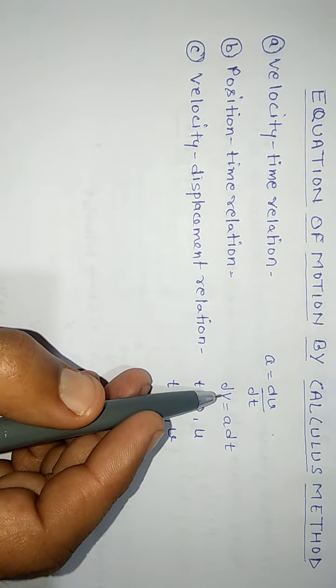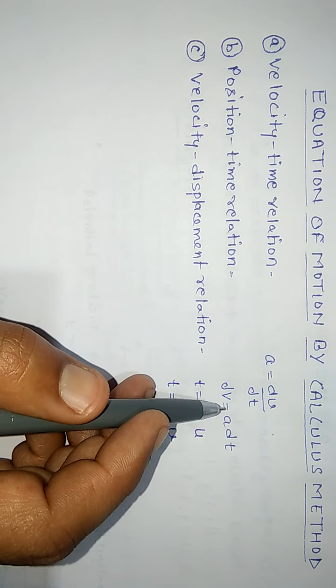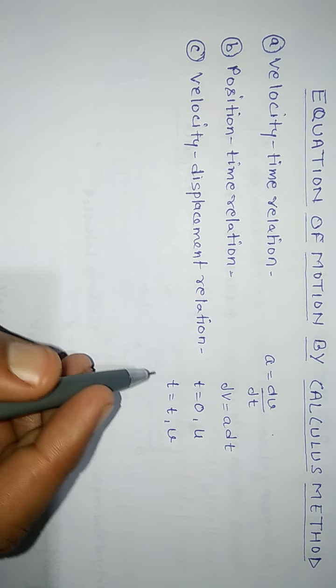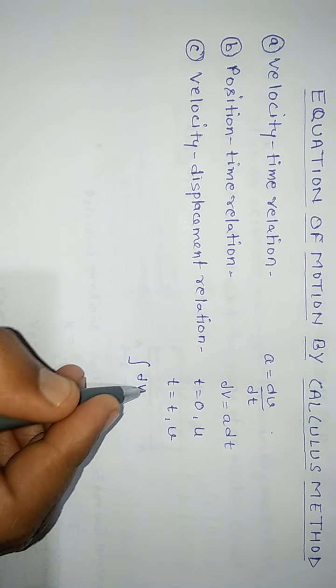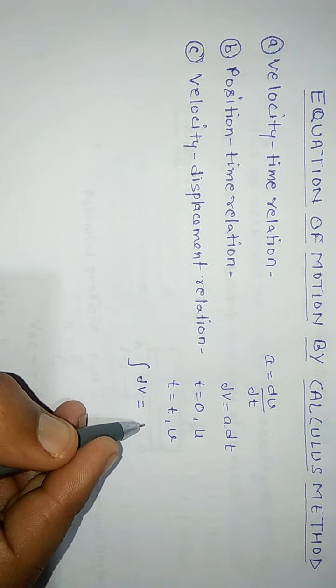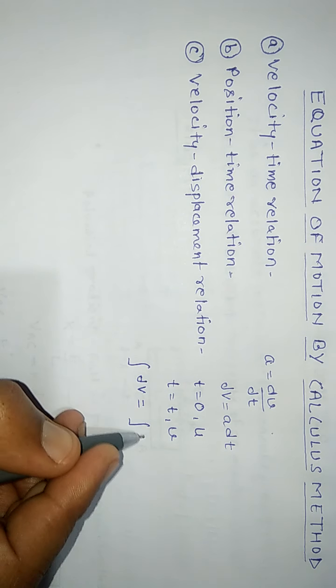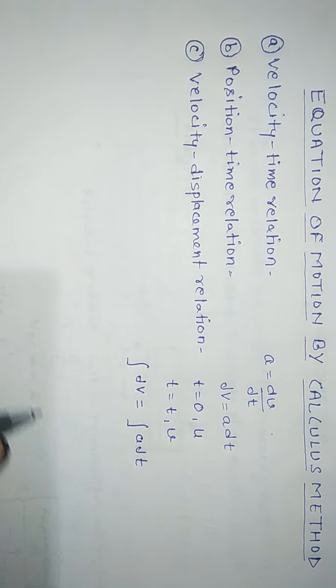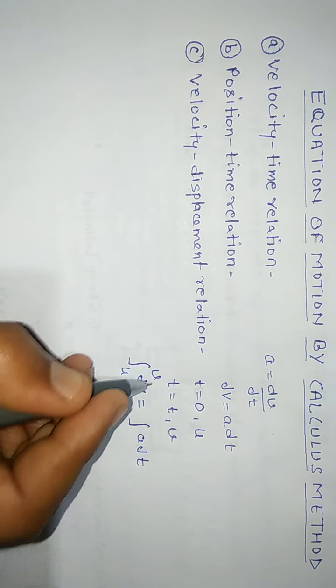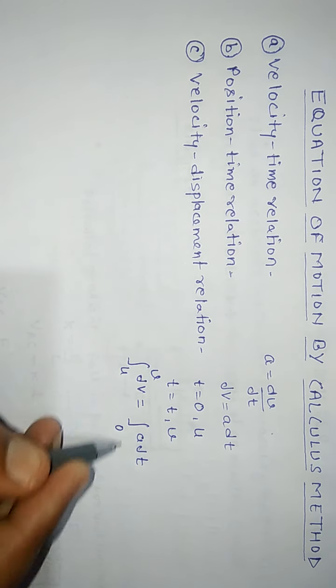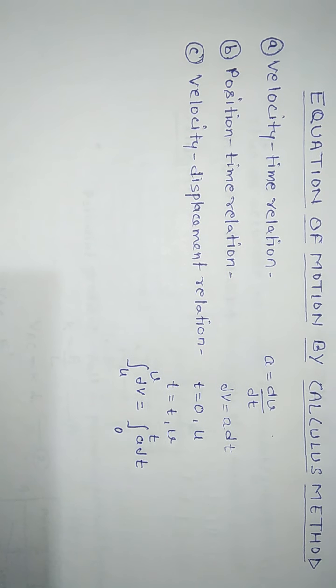Then integrating this equation within proper limits, we can write dv is equals to a dt. The limits for velocity is u to v, while for time it is 0 to t.